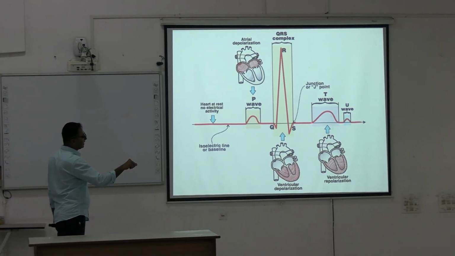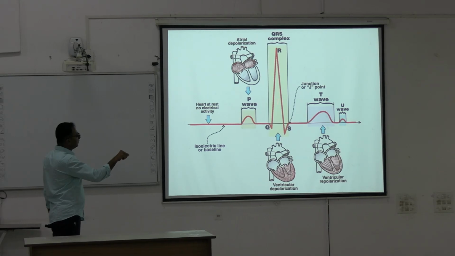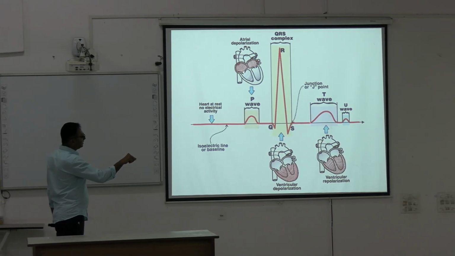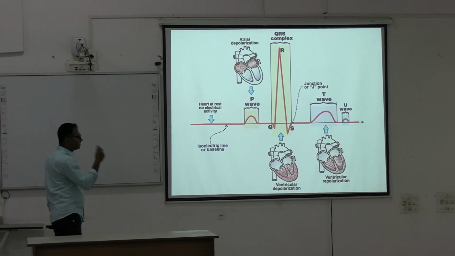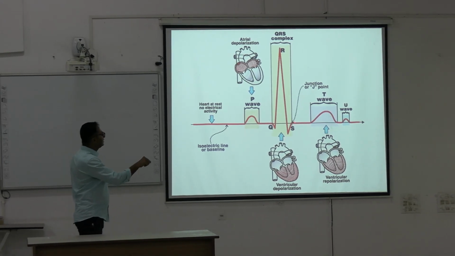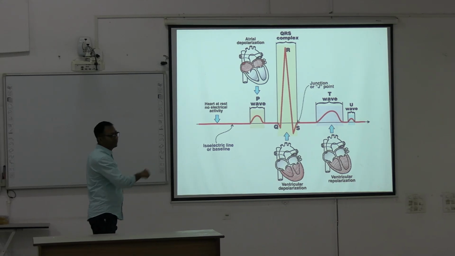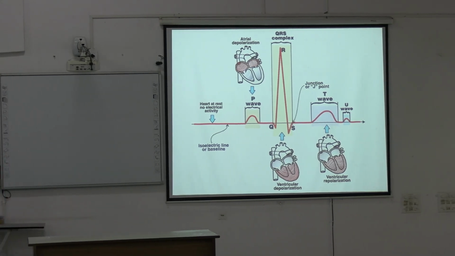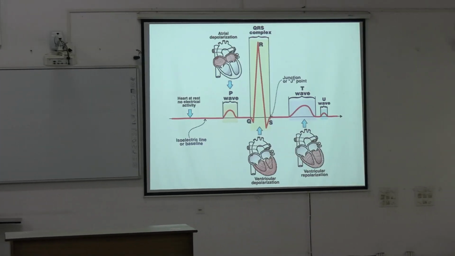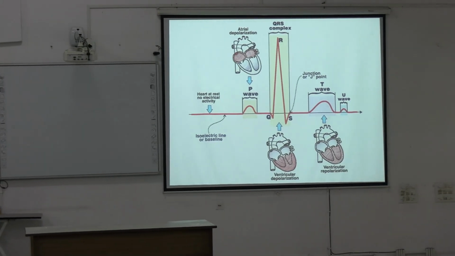You see, this is the isoelectric line after the QRS complex, before the beginning of T. This is called the ST segment, and the beginning of the ST segment is called the J point. The ST segment is usually isoelectric, at the baseline, in a normal healthy individual. Clear?